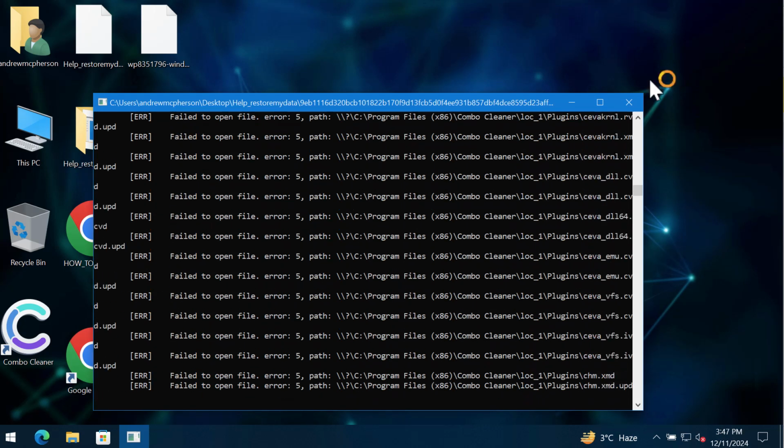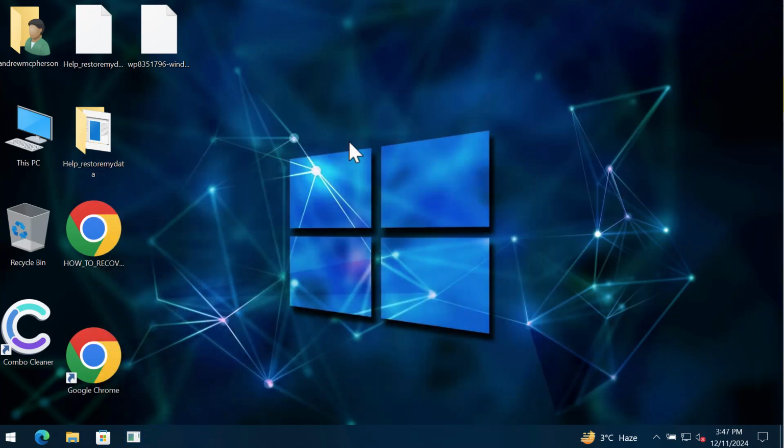You can clearly see that before the ransomware's attack, we were able to open the files without troubles. But because of certain leaks and vulnerabilities, this particular ransomware, titled Help Restore My Data, may be very easily injected into the computer.